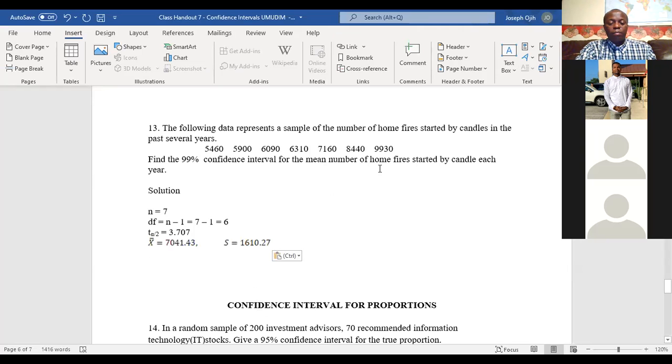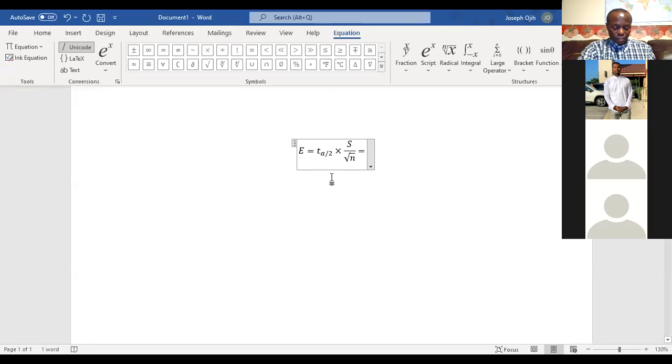So t alpha over 2 from the table, we have 3.707 times the sample standard deviation 1610.27 over the square root of n.